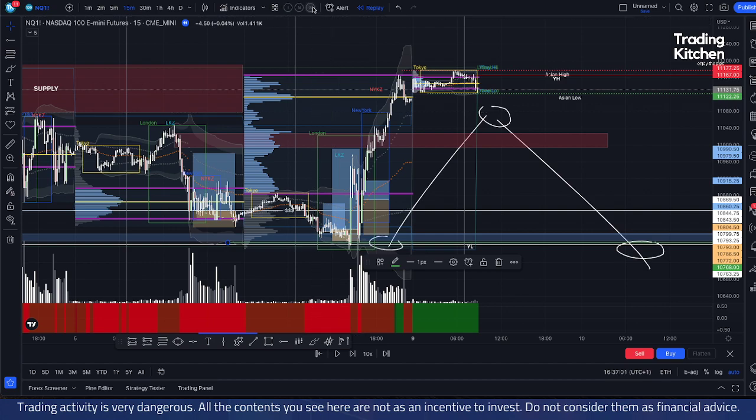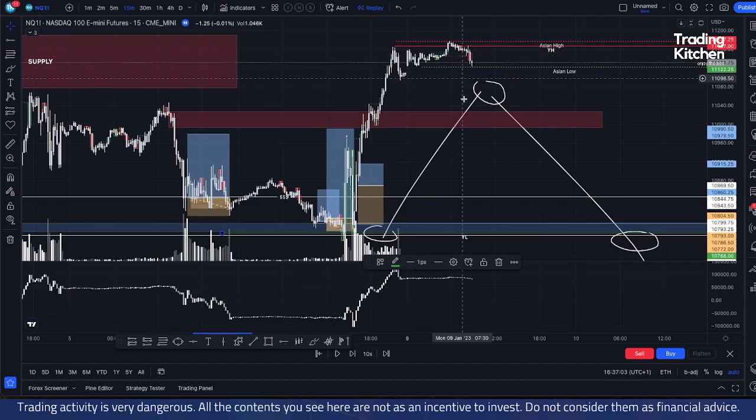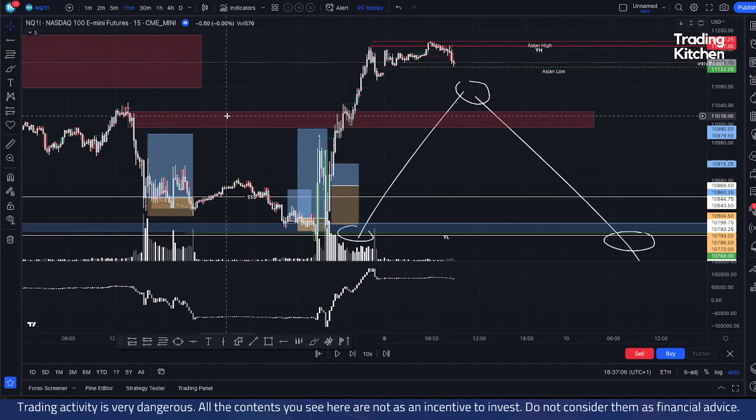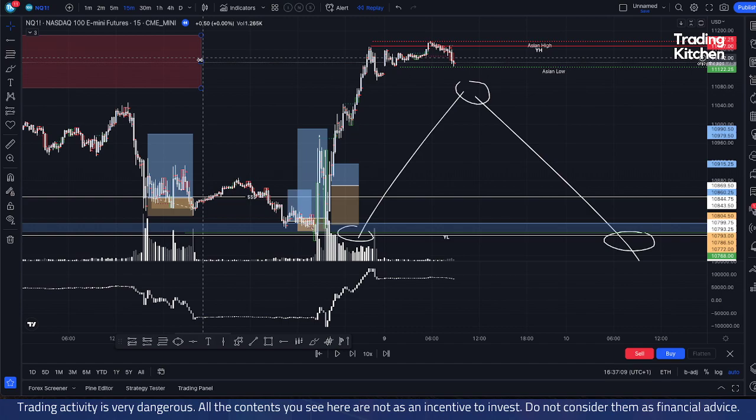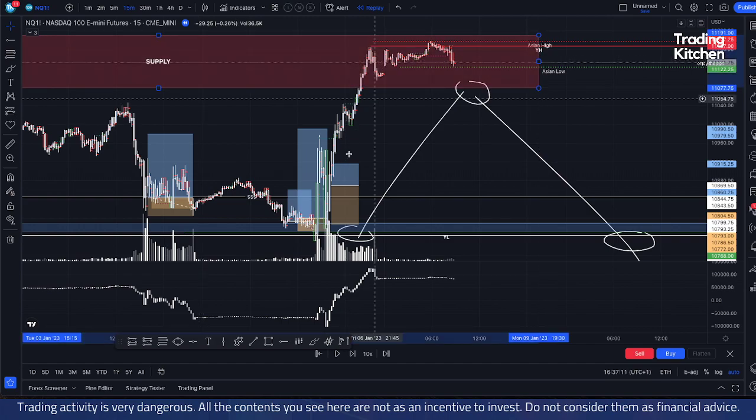So today only long positions, long trades. Now we are inside this huge supply zone, which means that price will probably react going down, grab some liquidity, and find a discount zone from which we can go long.